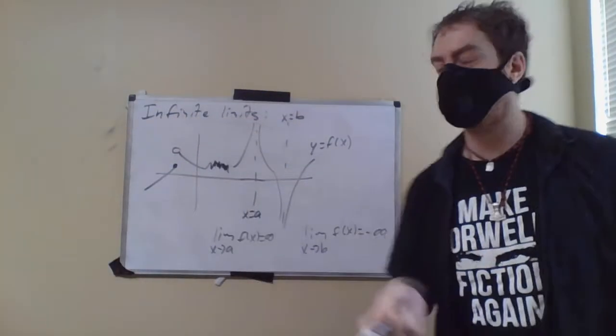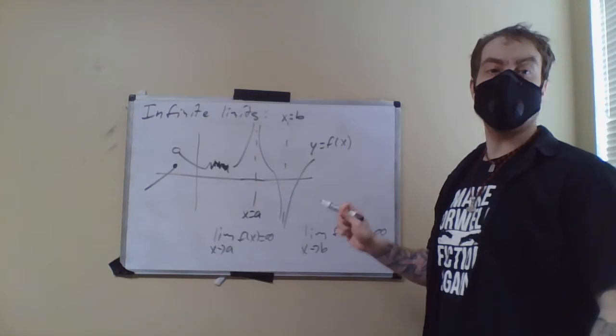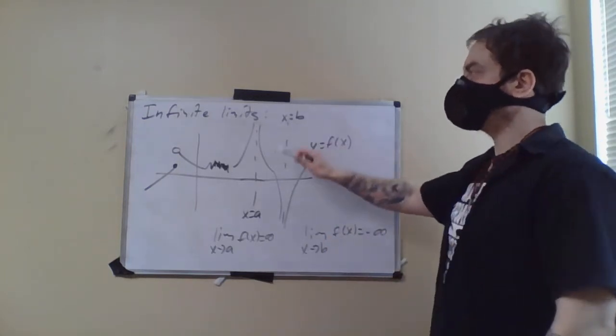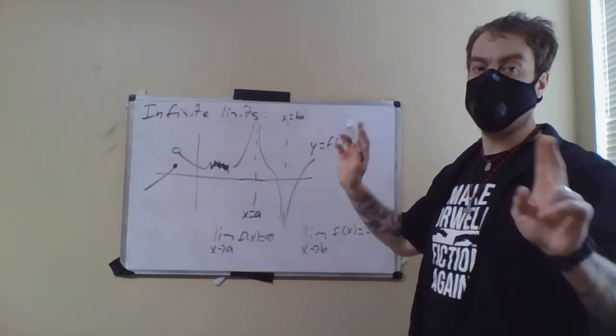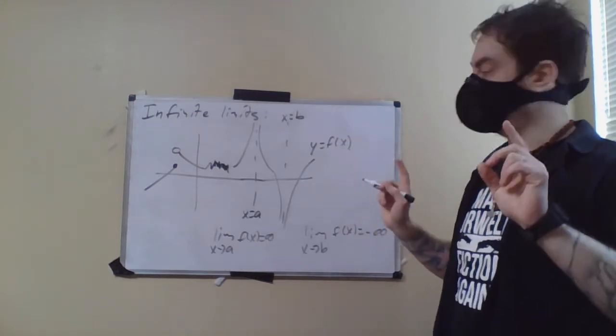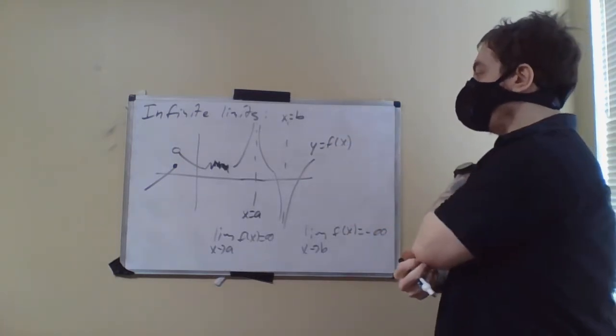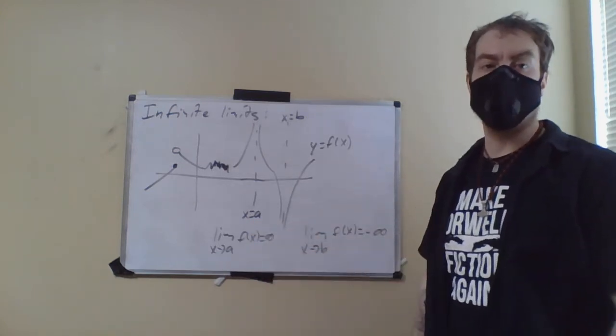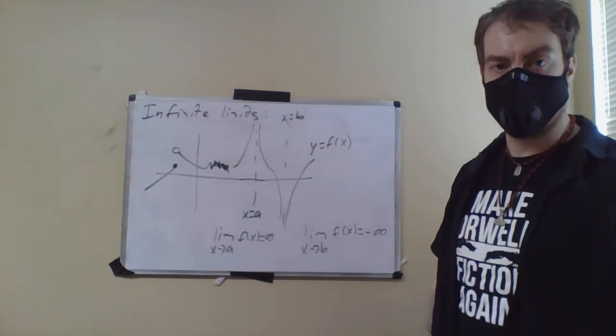Moving back to what we were talking about. One thing I want you to keep in mind: strictly speaking, these are cases where the limits do not exist as real numbers. So in one sense, if I asked you what is the limit as x approaches a of f of x, you could say, well, it's not a number. It doesn't exist as a number.